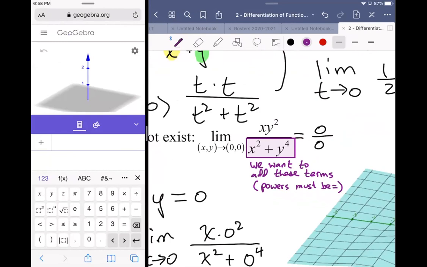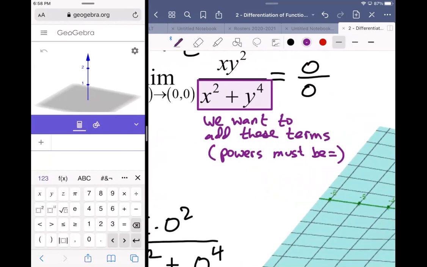All right. So what I like to do is just rewrite one of them as a power of the other. So this is the same as saying, and this is assuming that you don't just see it by looking at it, this is the same as saying x squared plus y squared squared.